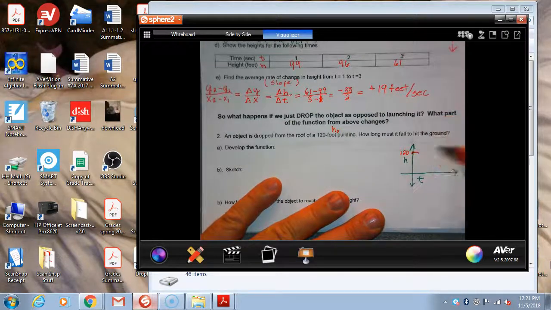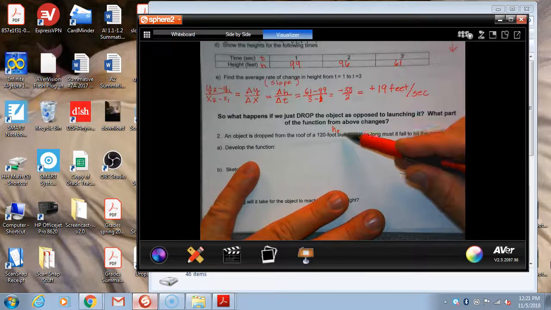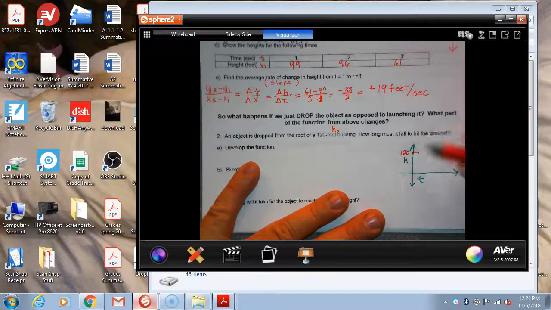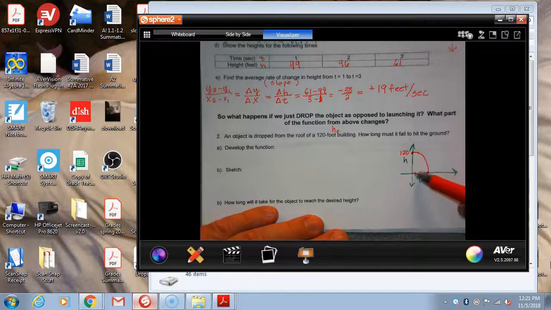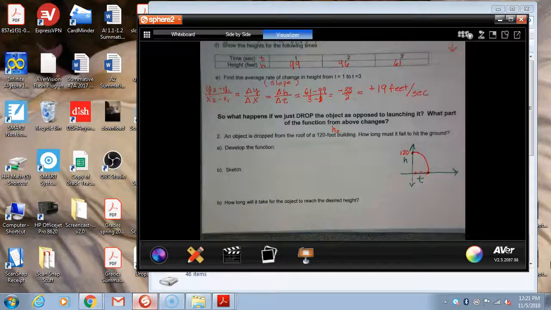So I'm going to be dropping this thing, and it wants to know how long it must fall till it hits the ground. There it hits the ground. So I'm looking for this distance here, right? Here, fill it out.